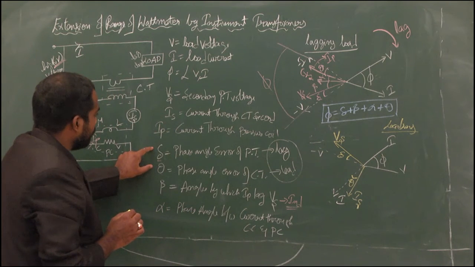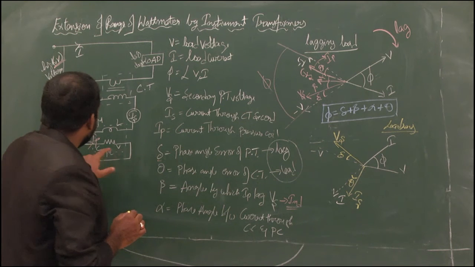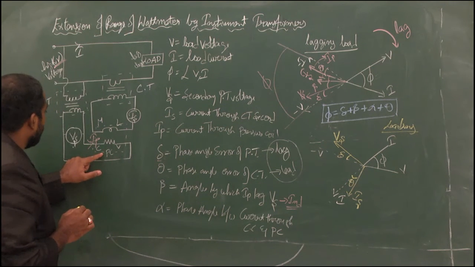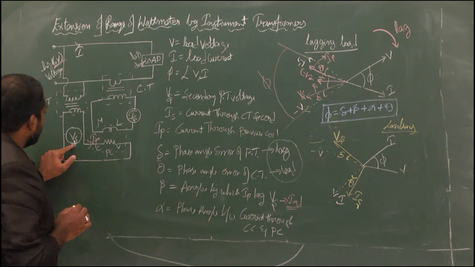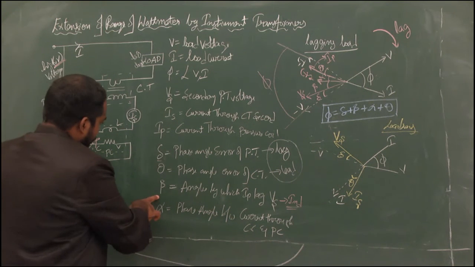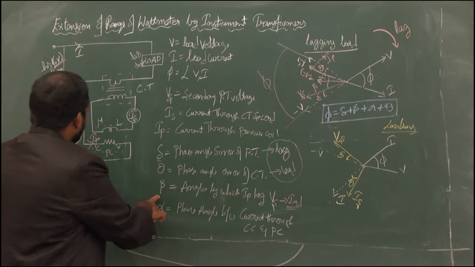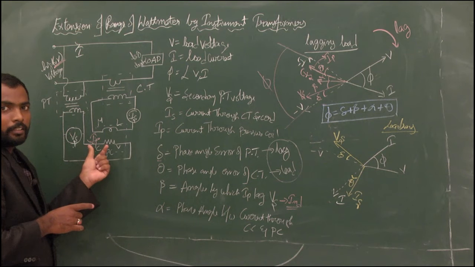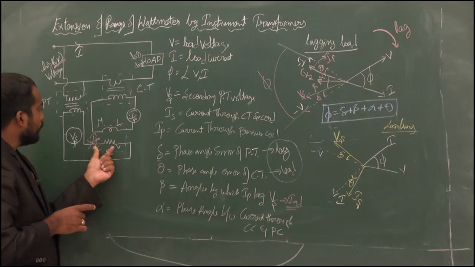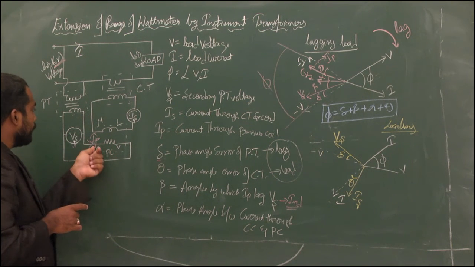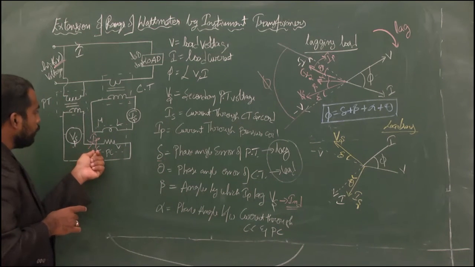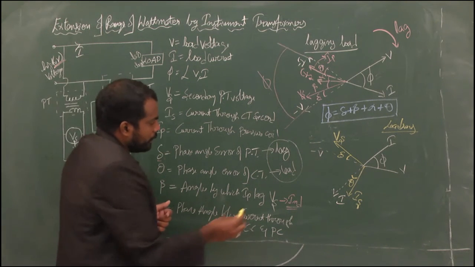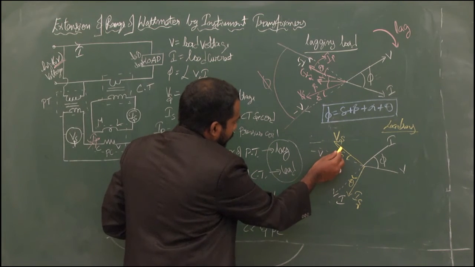Next, since we have an inductive nature of the pressure coil, the current through the pressure coil will lag Vs by an angle of beta. Why? We are considering that the pressure coil is somewhat inductive. Due to the inductive nature of the pressure coil, the current through the pressure coil is lagging Vs by an angle of beta. So this is nothing but Vs, right?